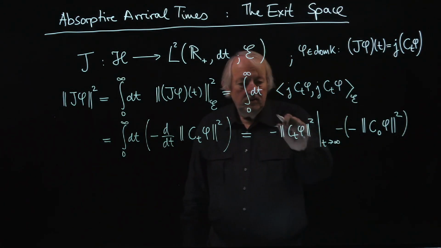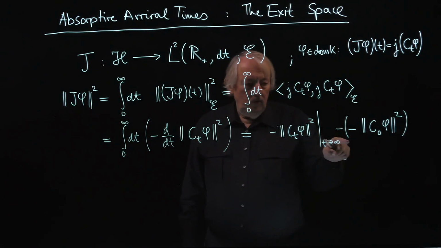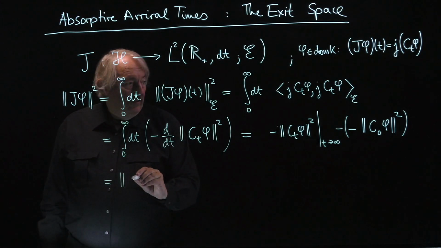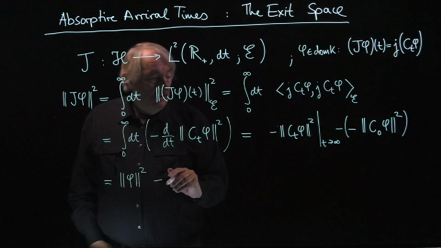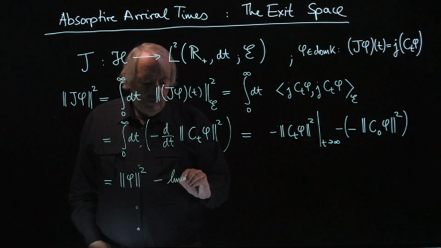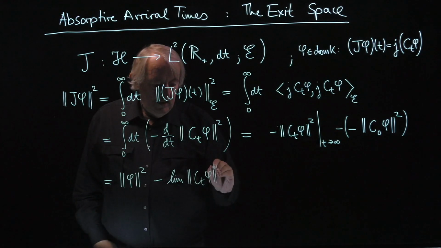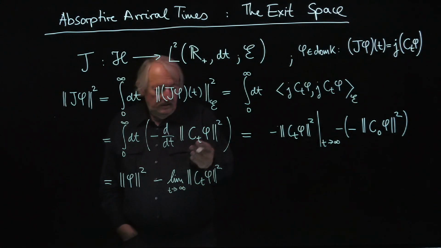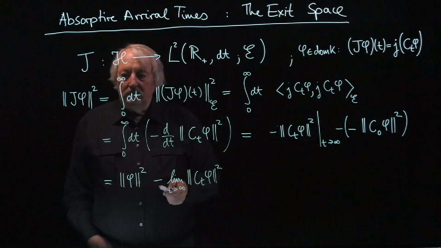Now, it's a contraction semigroup, so this limit actually exists because it's just going down. So this is equal to the norm of phi squared minus the limit of the norm of c_t phi squared as t goes to infinity, which exists, but is in any case a number smaller than that. So this is a bounded number.